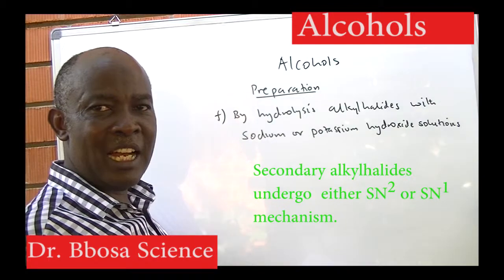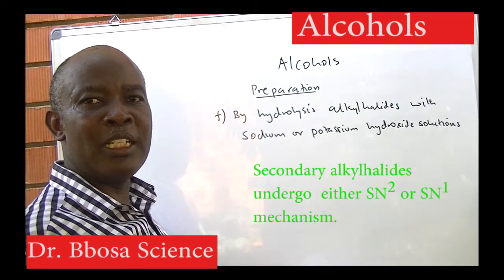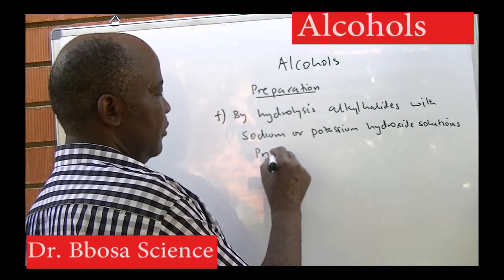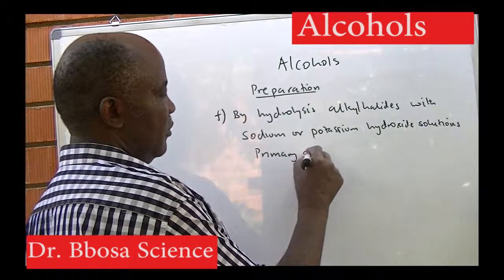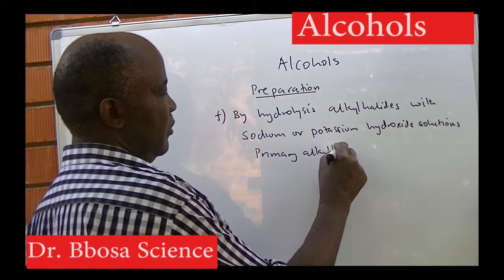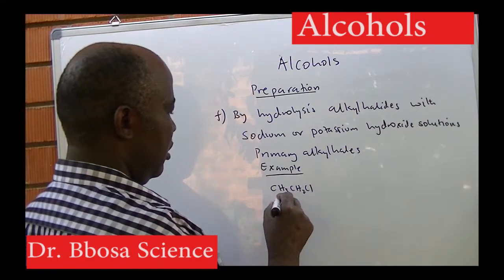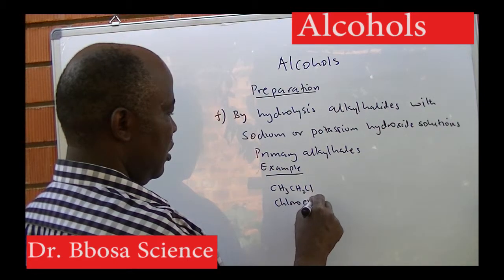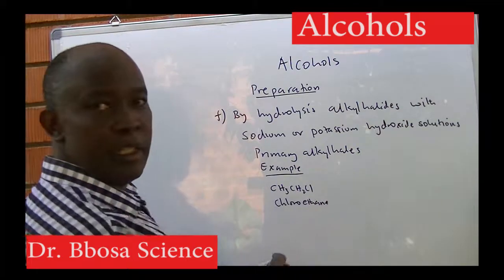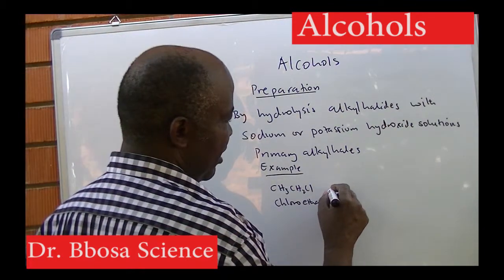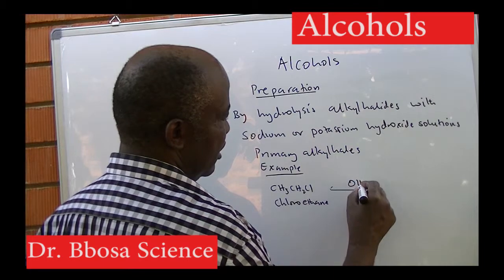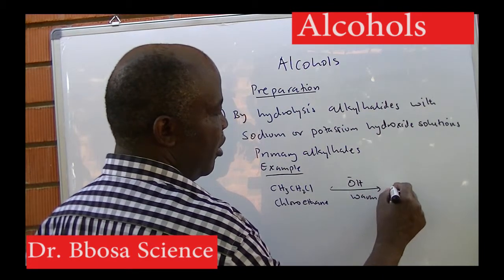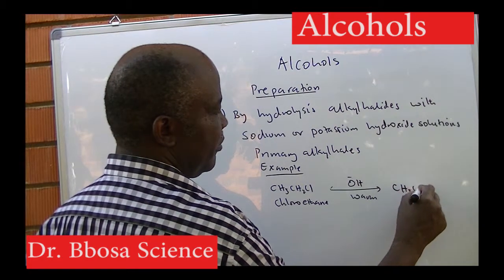Secondary alkyl halides undergo either SN1 or SN2. Alright, then we react with sodium hydroxide to form alcohol.